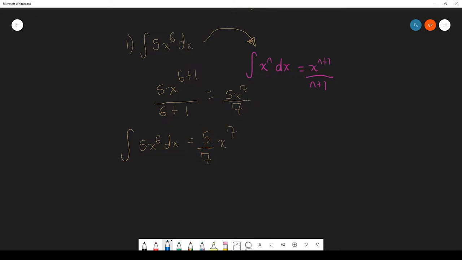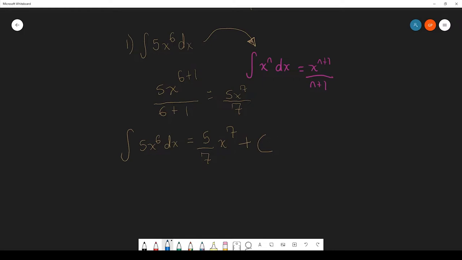Now, when applying the antiderivative, there are infinitely many solutions. Here's why. At the end of every single antiderivative, you always need to add a plus c. C is a constant, right? And the derivative of a constant is 0.